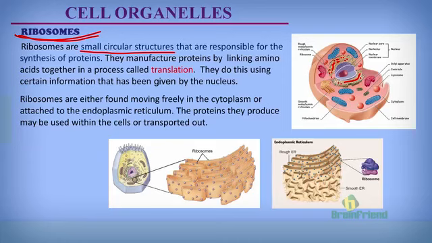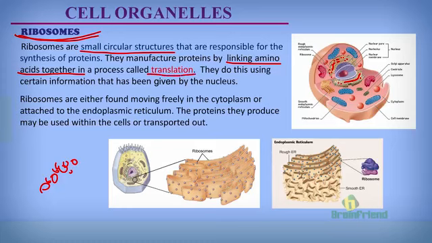Ribosomes manufacture proteins by linking amino acids together. So proteins are made from amino acids, and all the ribosome does is simply put different amino acids together to form proteins. The process by which ribosomes link amino acids together to form proteins is called translation.